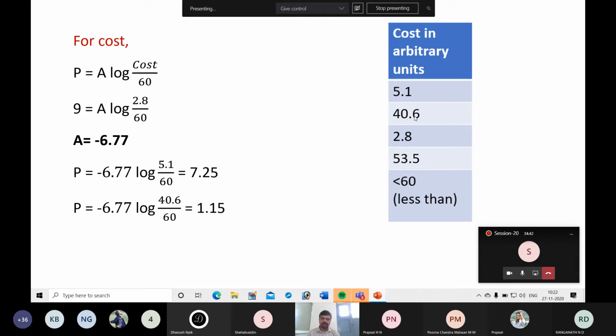Similarly, for 40.6 you will get 1.15. For 53.5 you will get 0.34. This is the preference number. Now while finding utility, we can substitute 5.1 as 7.25.